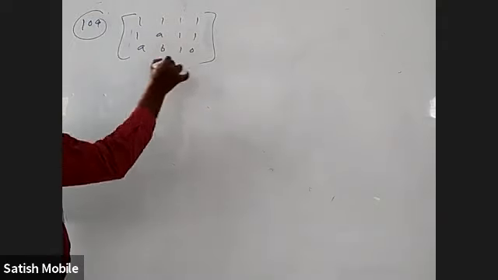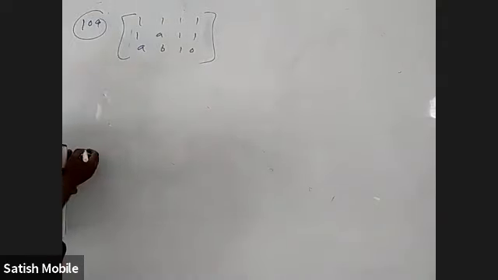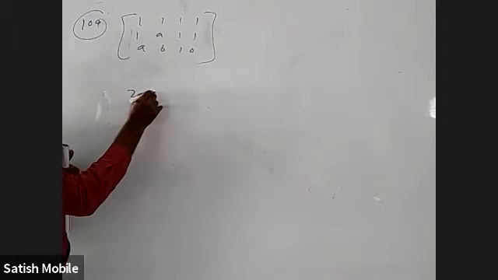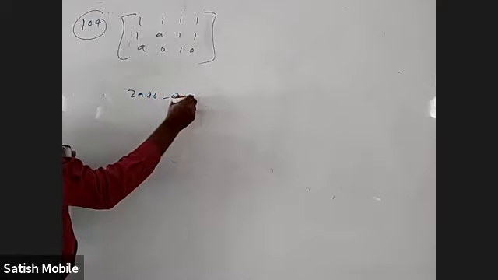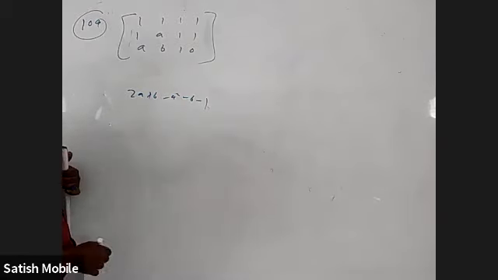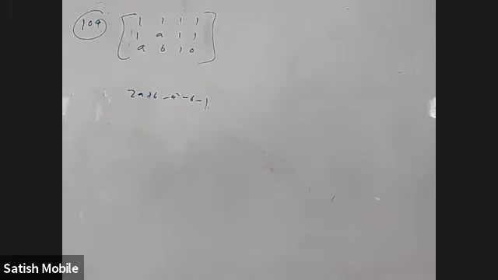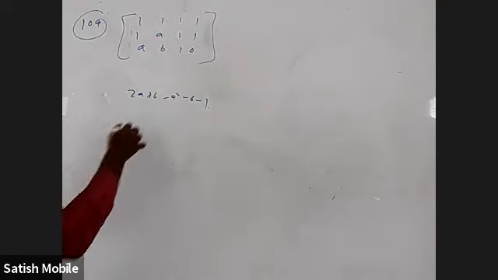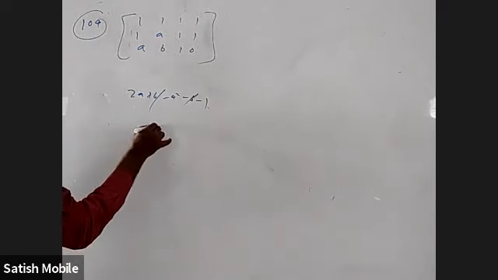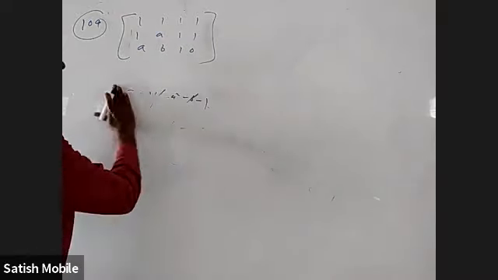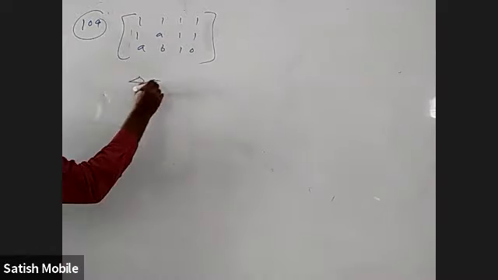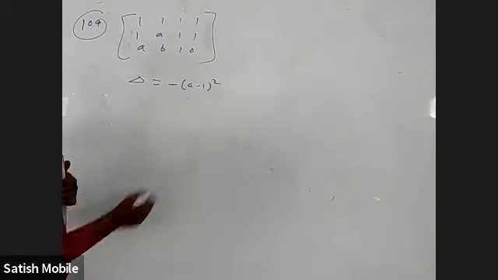When I find only this determinant, what I'll get is A plus 2A plus B minus A square minus B minus 1. B is getting cancelled. Minus of A minus 1 whole square. So B is not affecting it. Directly finding delta, it is coming minus of A minus 1 whole square.